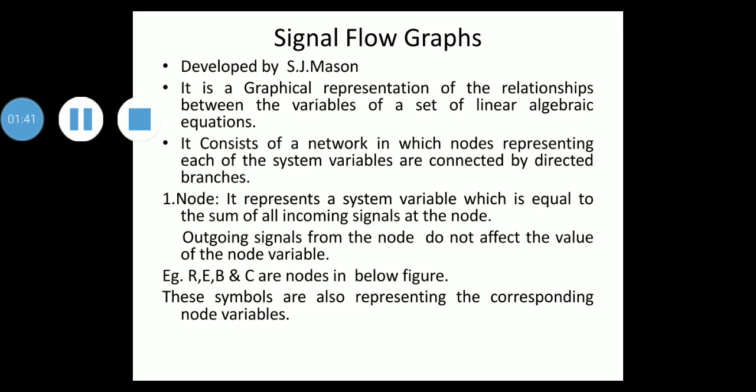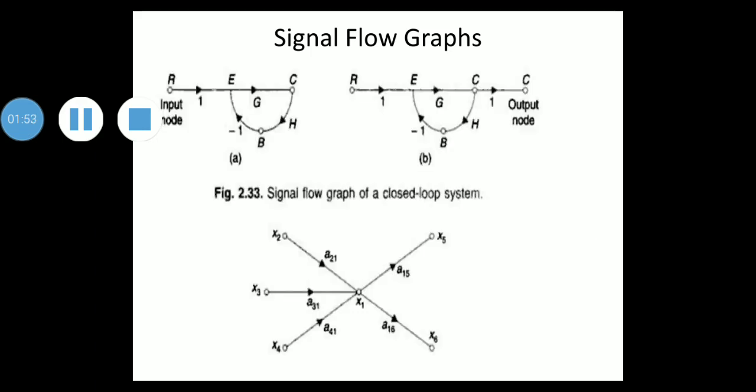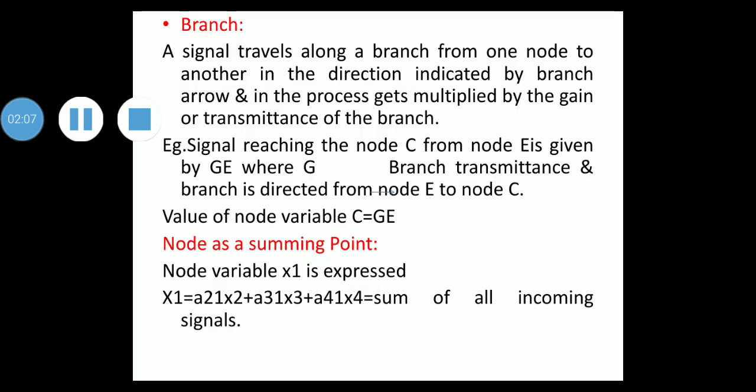The closed loop system whose block diagram we have seen has the signal flow graph shown here. We are going to study the formulation of the signal flow graph through various signal flow terms defined below.